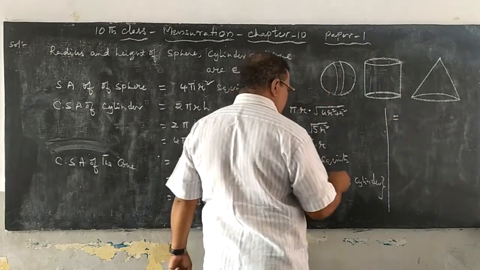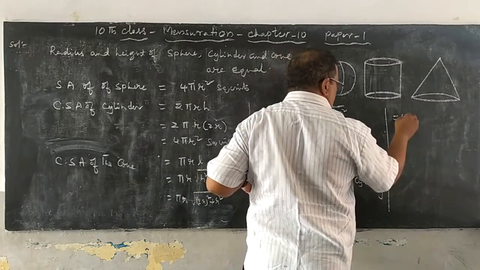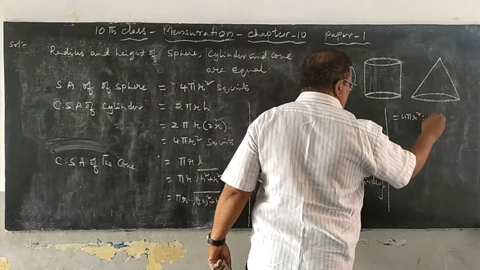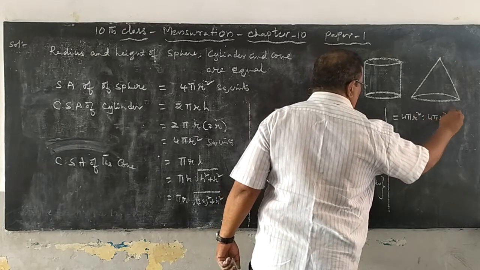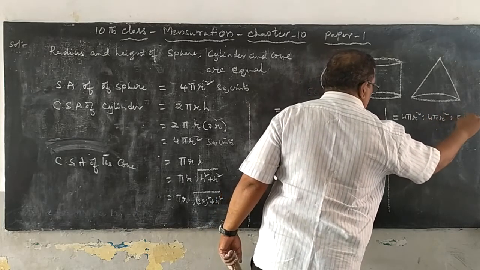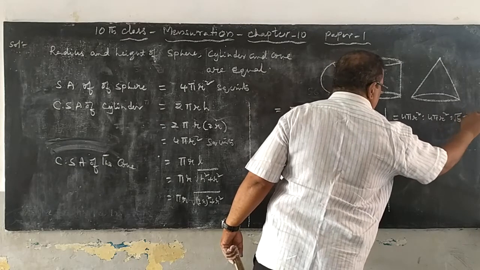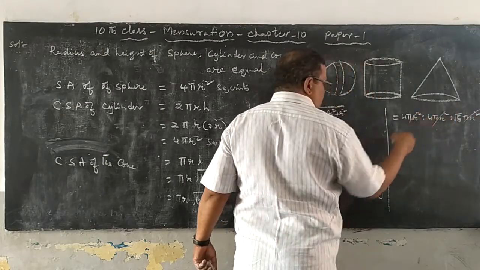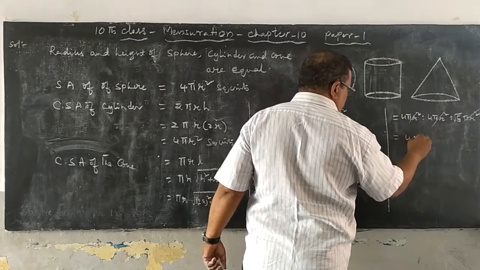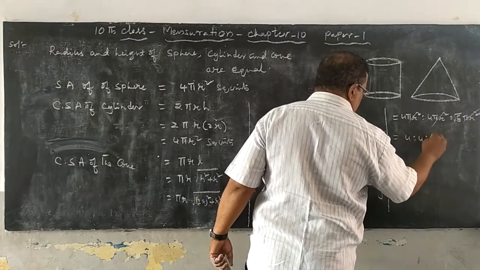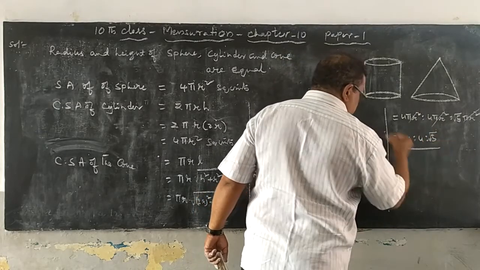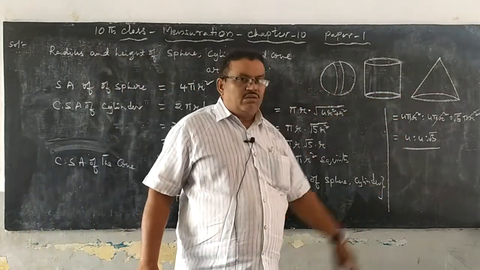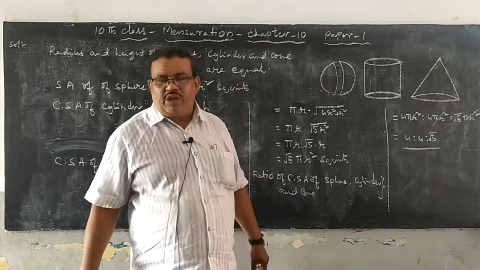First one is 4 pi r square, next one is 4 pi r square, and 5 root 5 pi r square. Pi r square once, pi r square once, pi r square once cancel. You get 4 is to 4 is to root 5. This is the ratio of the CSA of sphere, cylinder and cone.